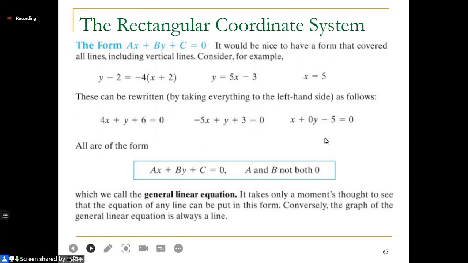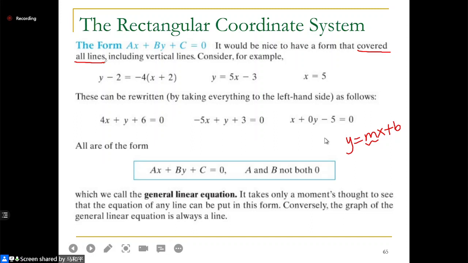The slope-intercept form is y is mx plus b, but in this form the vertical line is excluded because a vertical line does not have a slope m. So here we want to find an equation that covers all lines, including vertical lines.